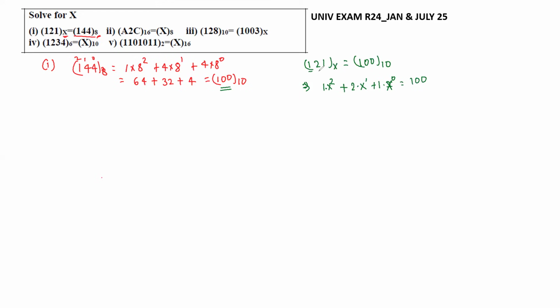Whatever number system is given, if you expand like this, it will equal the decimal. So finally we get x squared plus 2x plus 1 equals 100.